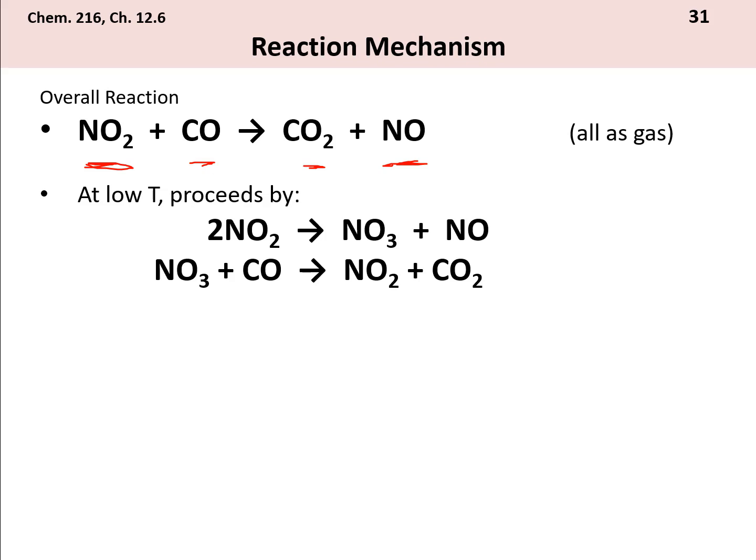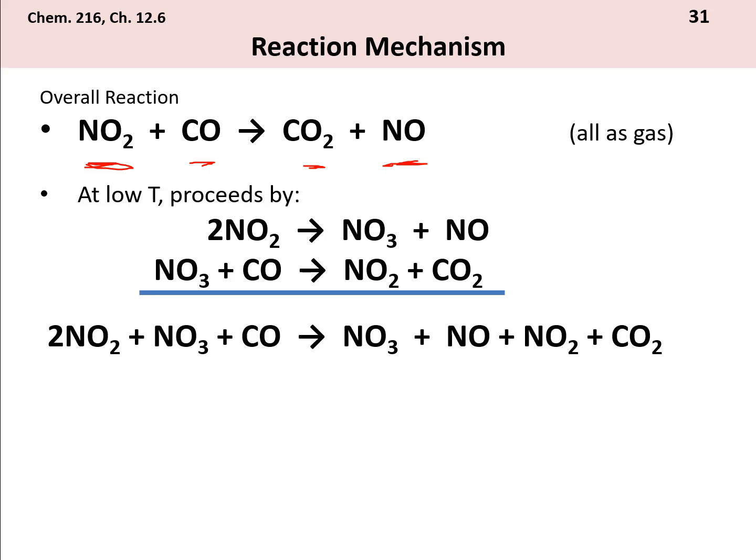Okay? All right, we can go ahead and sum up these two reactions the same way we did it with Hess's law. So I'd have 2NO2 plus NO3 plus CO goes to form NO3 plus NO plus NO2 plus CO2. Notice how this is very long and we have some redundancy.